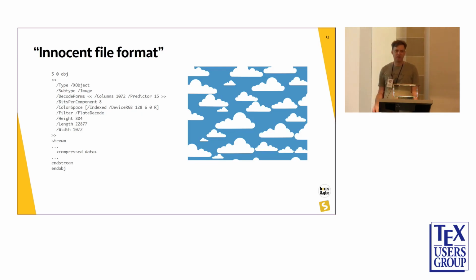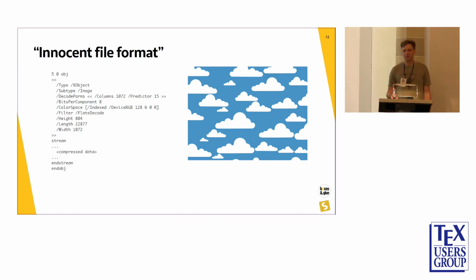For example, to include a PNG or bitmap image, you can just write an object, which is a dictionary, type XObject, subtype image, and then some parameters, and then the compressed data. You put this in the PDF file, and you actually get an output. And I said, ooh, that's easy.